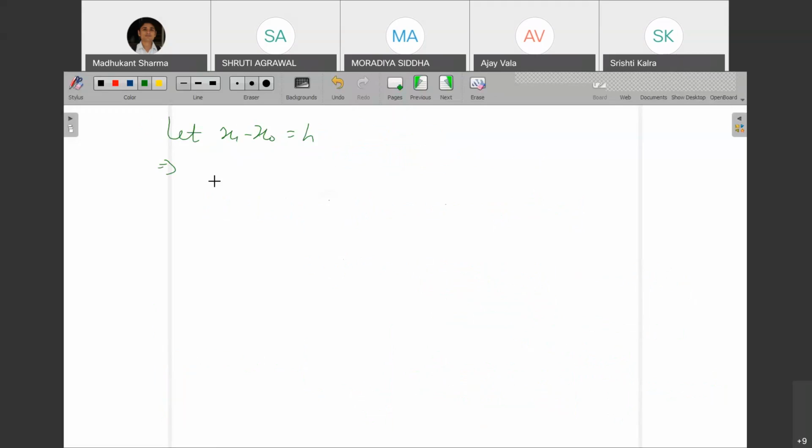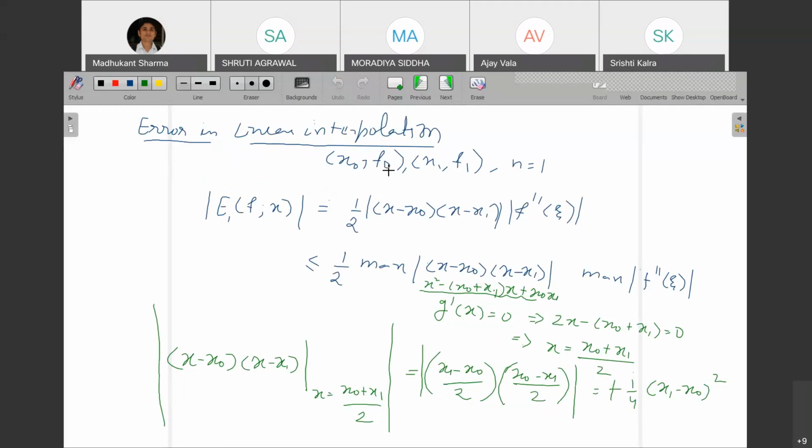Then E1 f, the error in linear interpolation, is less than or equal to the following. At x equals x naught and at x equals x1, the boundary points, the value is 0. And this is a positive value, x1 minus x naught whole square by 4. So this certainly will be the maximum, right?